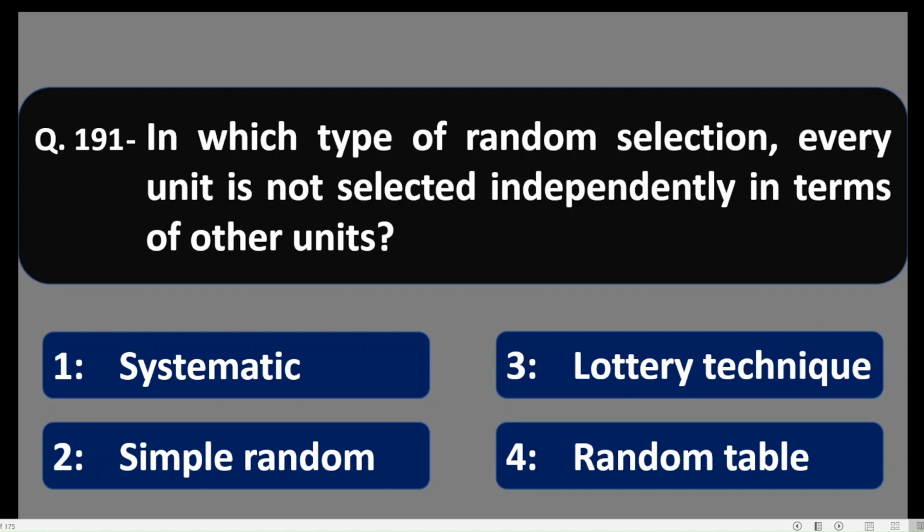The options which are given in 2, 3, and 4, in all these situations, every unit of the sample is selected independently in terms of other units. Only in systematic sampling method, only the first subject is selected independently. Remaining all are selected on the basis of the selection of the first one, so systematic.